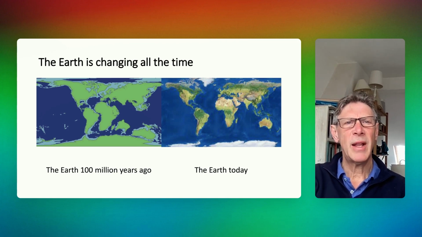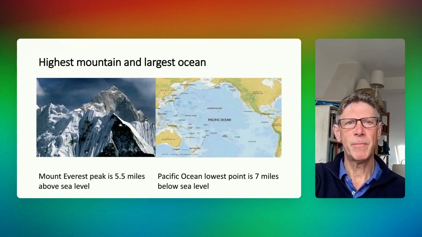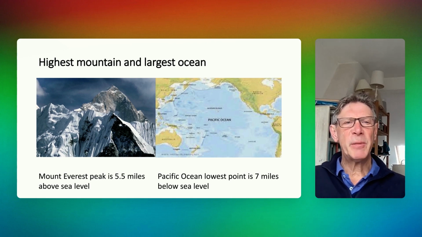Look how Africa and South America were almost touching each other. And the same with North America and Europe. The highest mountain today is Mount Everest, 5.5 miles above sea level. The lowest point in the world, 7 miles below sea level, is in the middle of the Pacific Ocean.